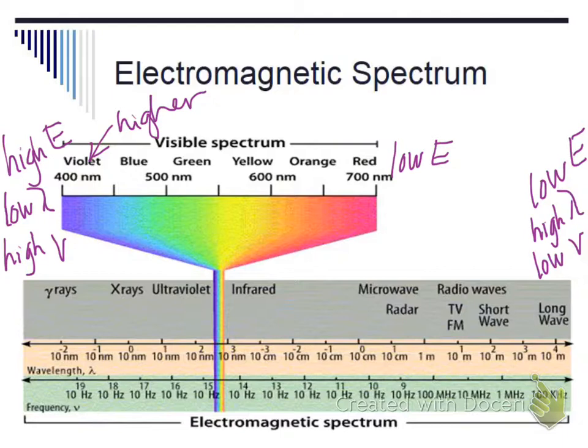When you're looking at this, you just got to ask yourself which is lower, which is higher. Right before the low energy red is infrared and then microwaves. Of course, we have microwaves in our homes. Violet is the highest of the visible that we can see, and it's right before ultraviolet rays, which of course is what gives us sunburns.